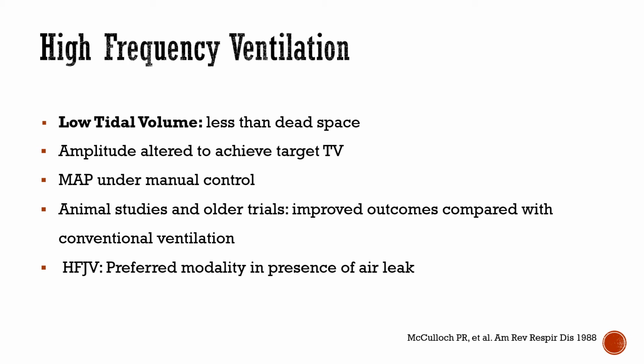Here, the mean airway pressure is under our manual control and the amplitude of oscillation is altered to achieve our target tidal volume. So animal studies and older trials have shown improved outcomes compared with conventional ventilation. And high frequency jet ventilation is the preferred modality in the presence of air leak.